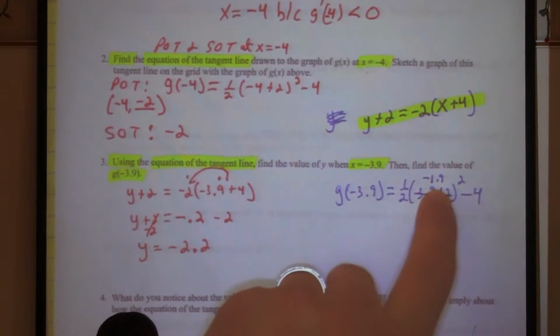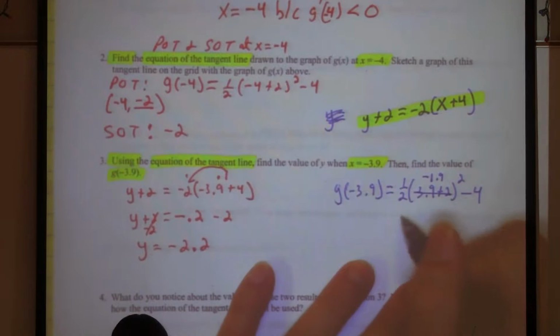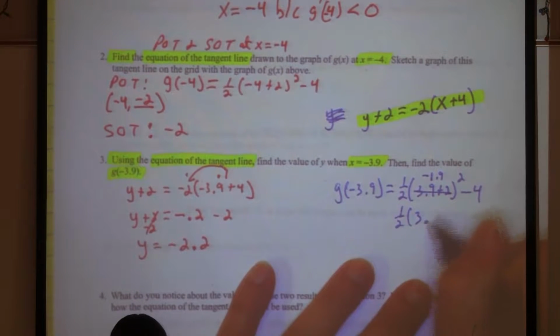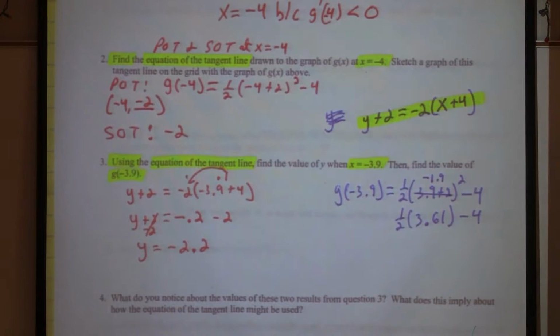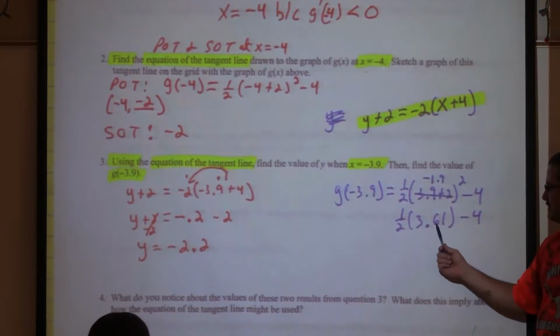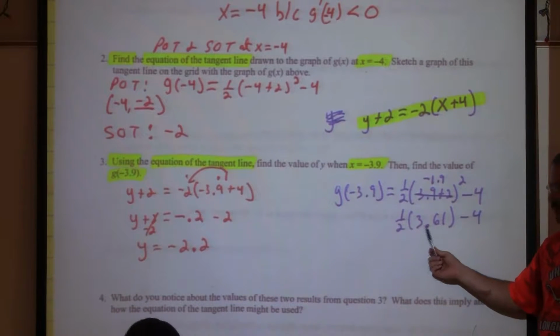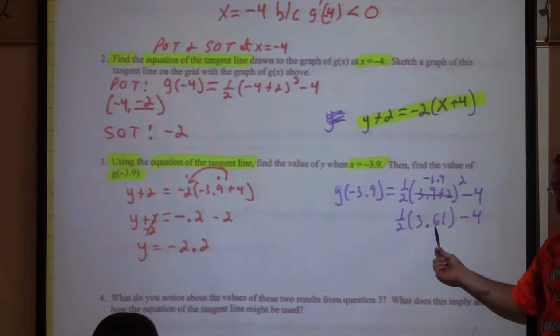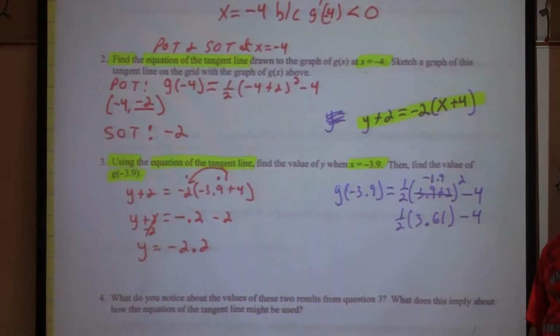Alright, so this is 361, but how many numbers would be after the decimals? 2, so this is actually 1/2 times 3.61. So what's half of $3.61? What's half of $3? 1.50. What's half of 60 cents? 30, right? So 1.5 plus 0.3, 1.8, right? And what's half of 1? 0.5.